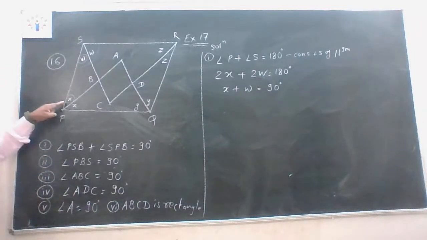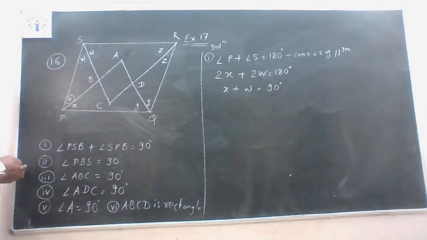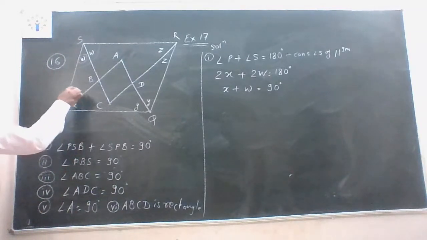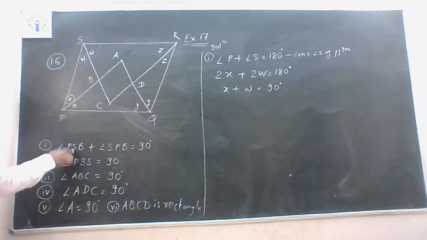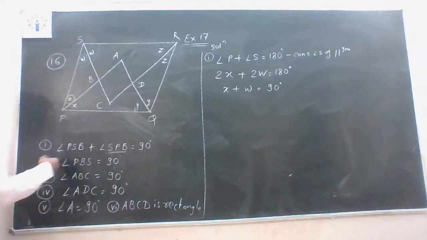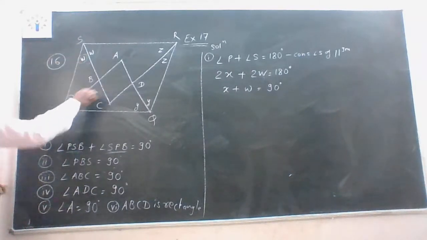Now, this is X. X means which angle is this? This is SPB. And W means what? PSB.